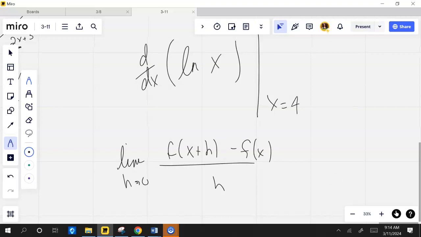This was a quick one. This literally was only here to test to see if you recognized it being the difference quotient.